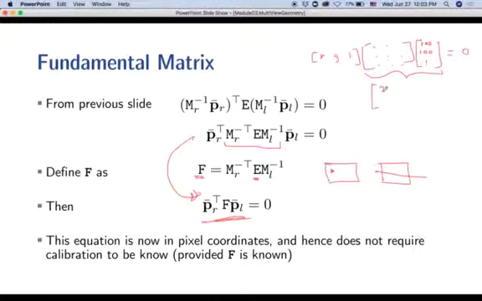Let's say 2, 5, 3. So then your equation just becomes 2x plus 5y plus 3 is equal to 0, which is an equation of a line. So there's no null space or anything here. It's just that you plug in one of them, and you'll get the line in the other image.